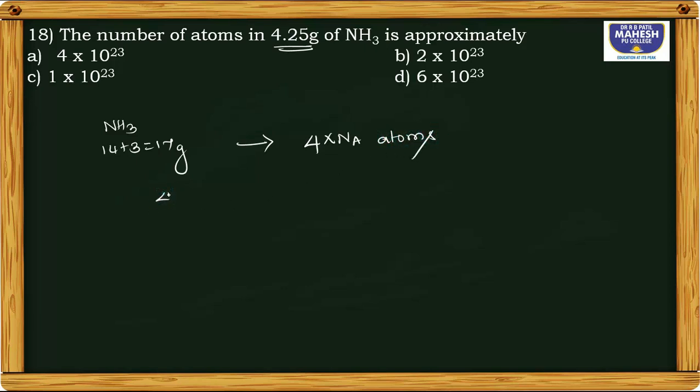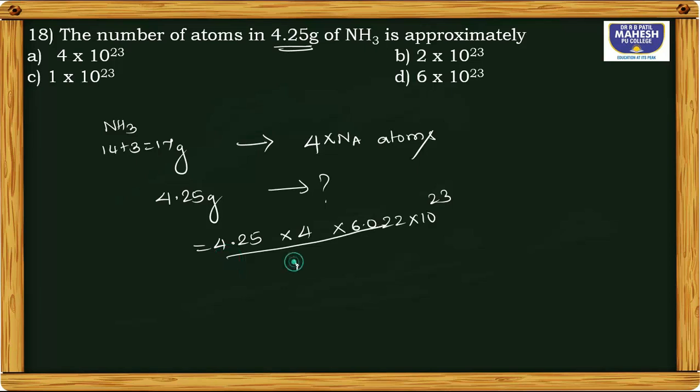They are asking in 4.25 grams of it, how many? So let me solve this. 4.25 into 4 into Avogadro number, 6.022 into 10 to the power 23, divided by 17. If I do that, I am going to get the answer that is nearly equal to 6 into 10 to the power 23. So that is option D.